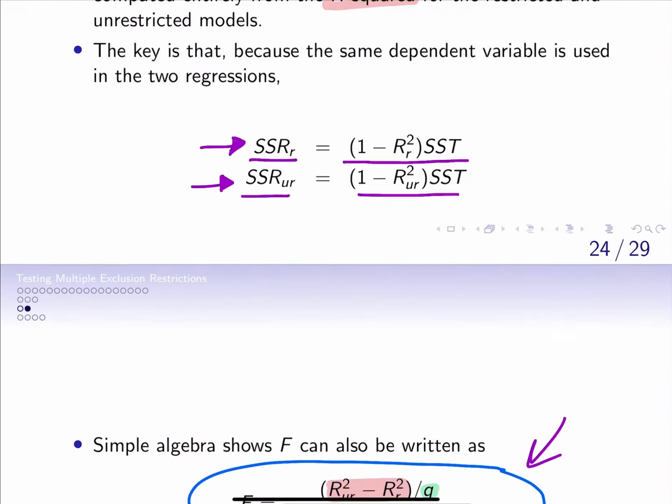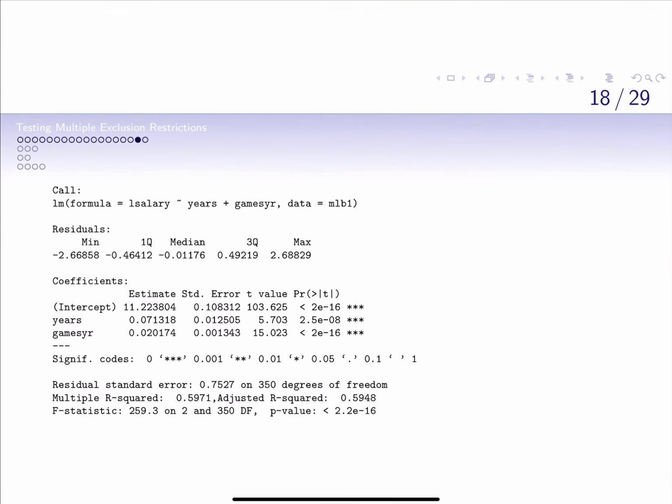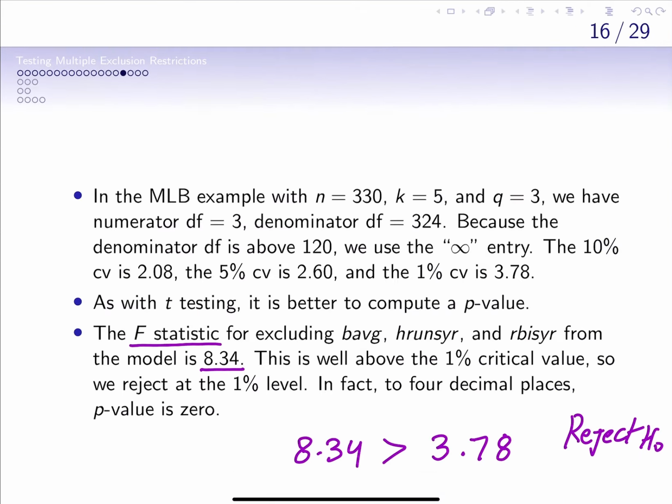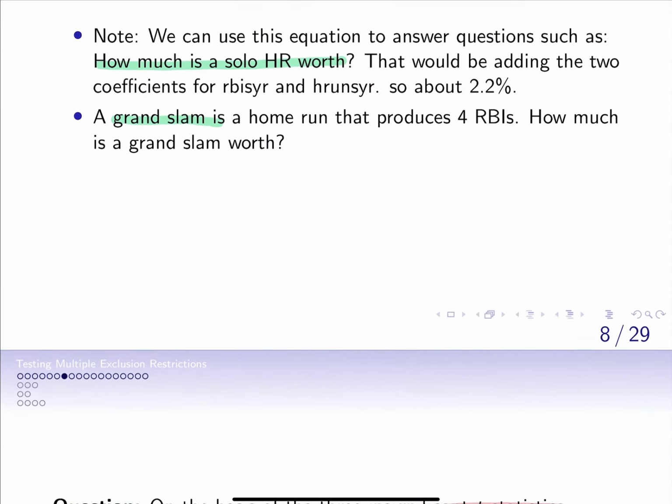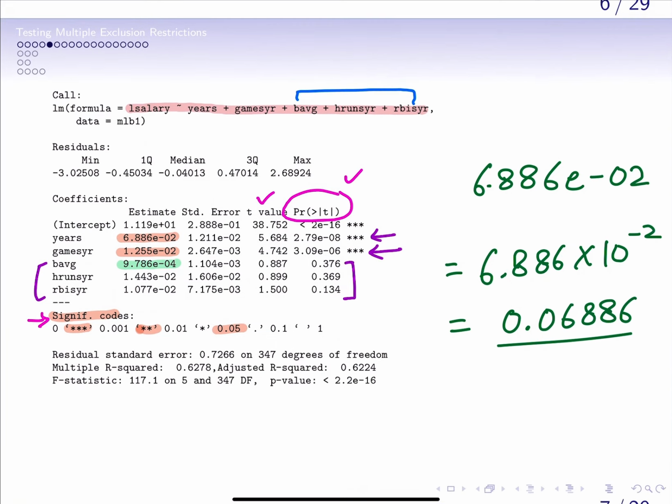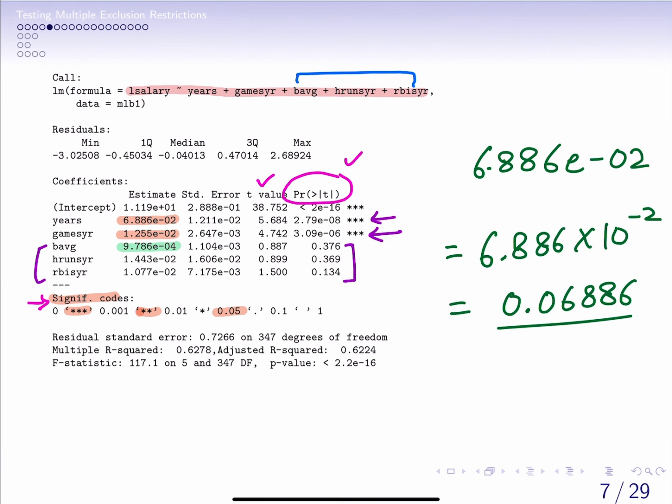Okay, so if you want to go back and see what that is, let's take a look at our regression from before. So this was our regression from before, and notice that there is an F statistic that is reported here, and the p-value is really small, right?